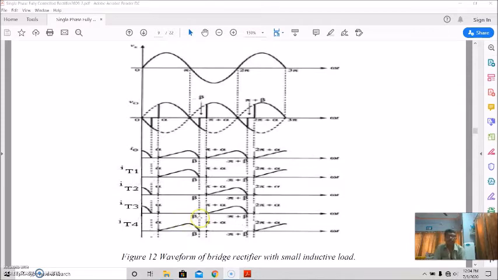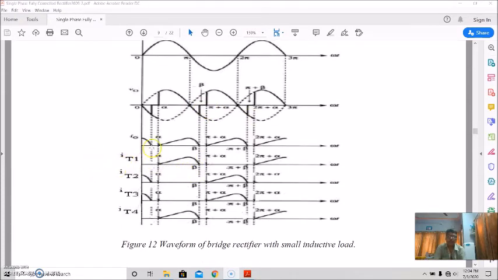This is the firing angle for thyristor 4, actually the next firing angle. So in this way, alpha, pi plus alpha, 2 pi plus alpha. This is the first delay angle, this is again the second delay angle. So fire at pi plus alpha.